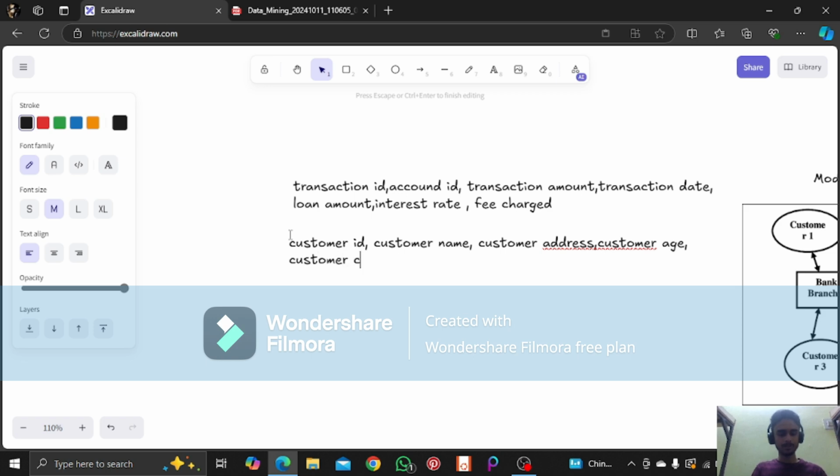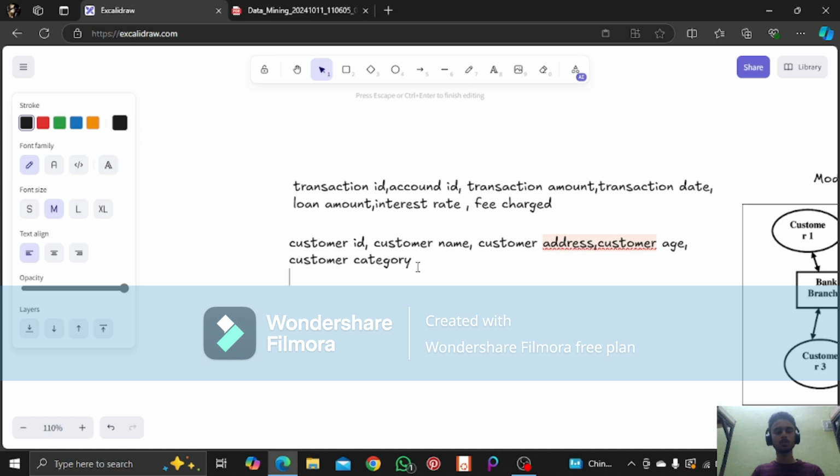So the basic things in the customer dimension are the customer ID, customer name, customer address, customer age, and customer category. So now let's talk about the account dimension.